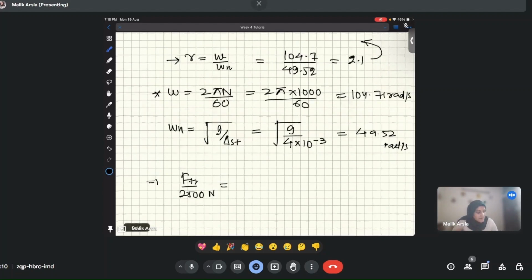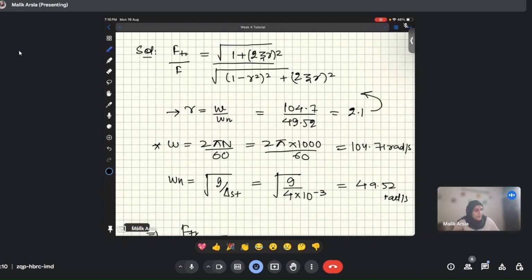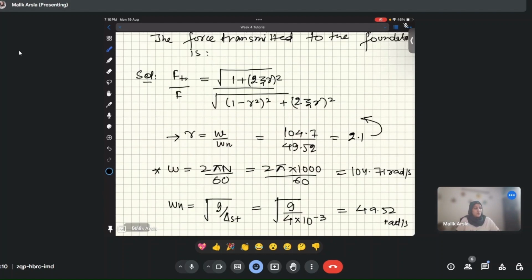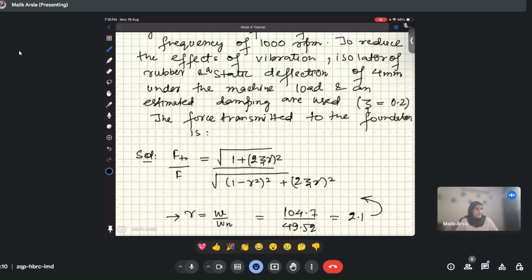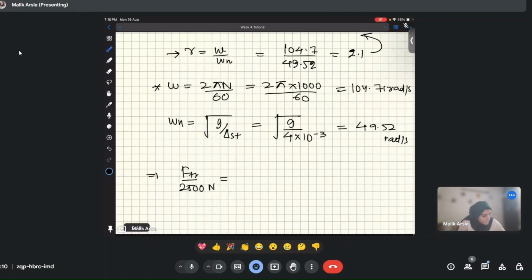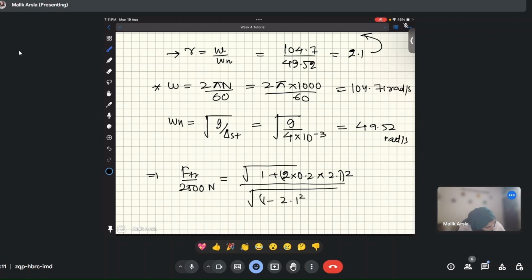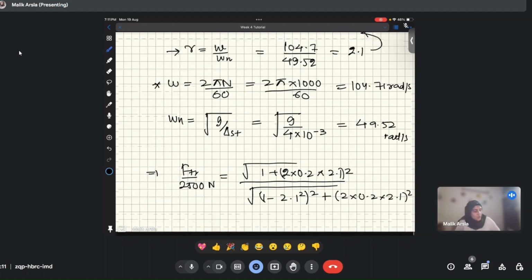Here, tell me what this expression is coming out to be: 1 plus (2 zeta r) whole square, when we plug in this 2.1, and also zeta equal to 0.2. Anyone calculated this?